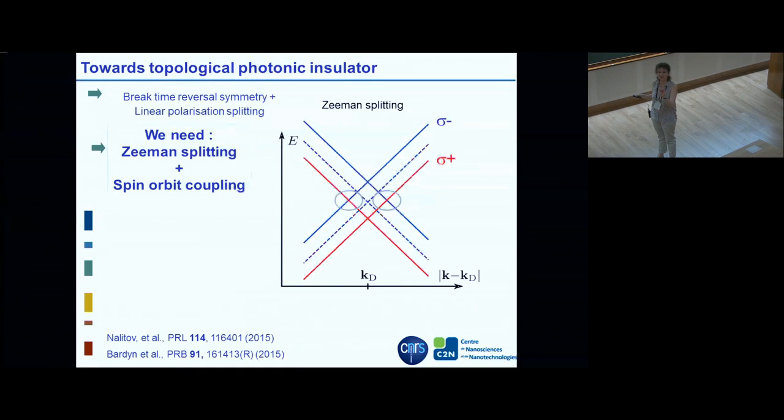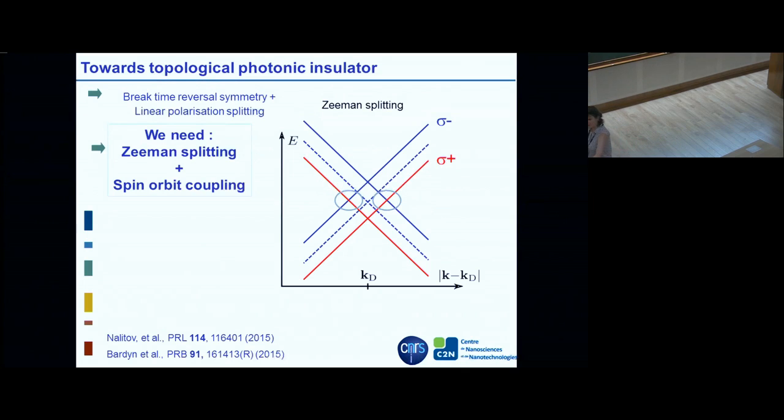The polarization is the pseudo-spin of the polariton. So what we want is polaritons to be able to travel just in one direction. The only way to do that and to break time reversal symmetry is to address the spin degree of freedom and to have, for example, sigma plus polaritons traveling that way. And the only way they can be backscattered is if the spin is flipped, so if it's scattered to sigma minus, which is very difficult to do.